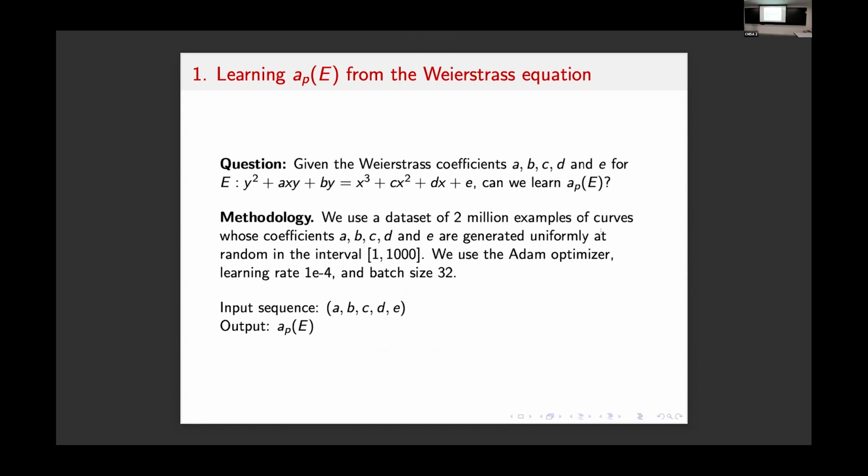The data set that we used had 2 million curves generated by sampling these A, B, C, D, E coefficients uniformly at random. So in particular, we're not necessarily getting minimal models. We used the Adam optimizer. The learning rate, except for one experiment, was 10 to the minus 4, and we used the default batch size of 32.